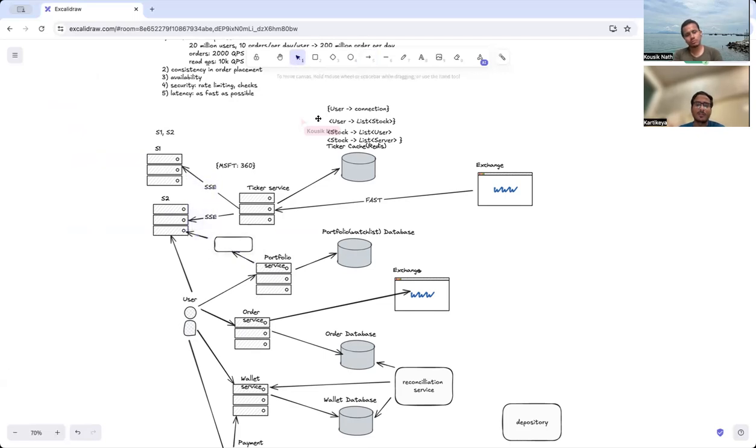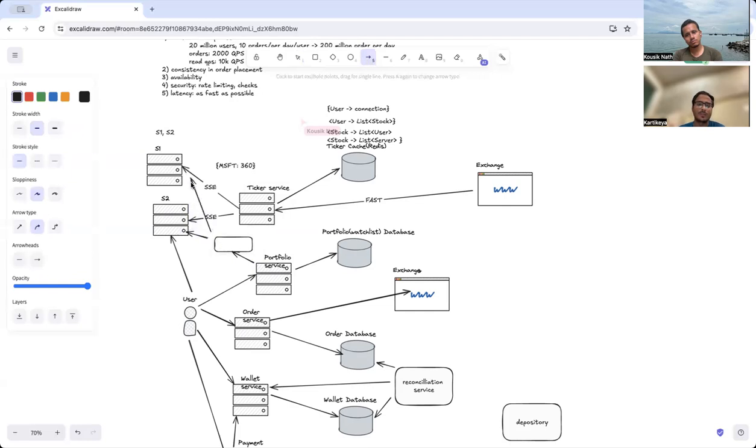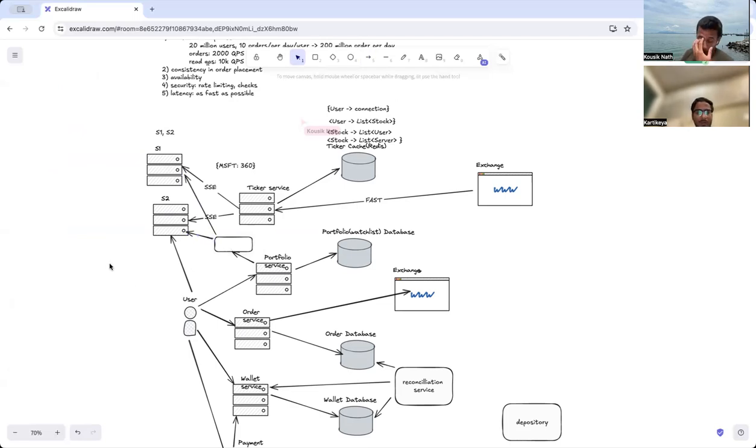So these servers can then update their caches immediately. That will still be a good experience, I feel, and also not a very complicated system. We do introduce one more queue here, but I think the user experience is good.